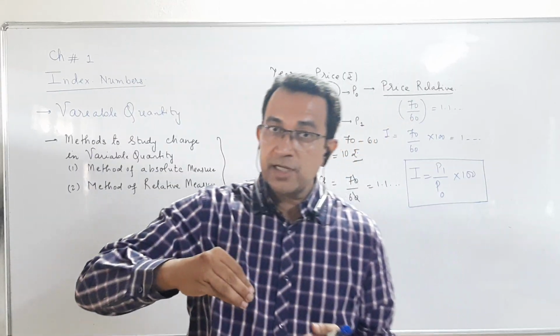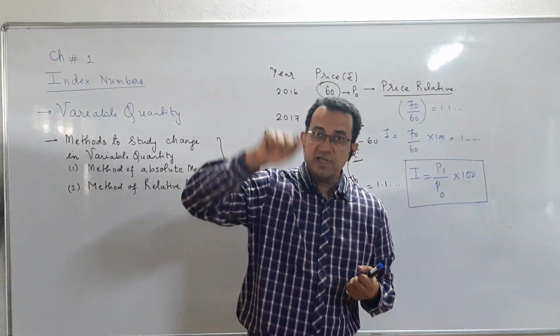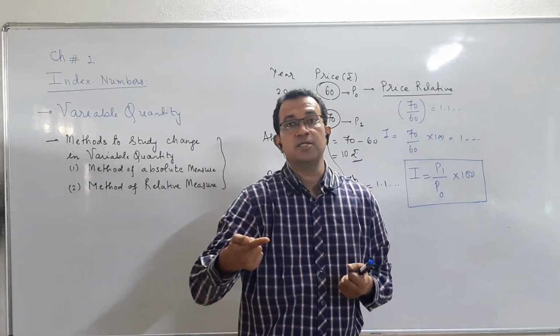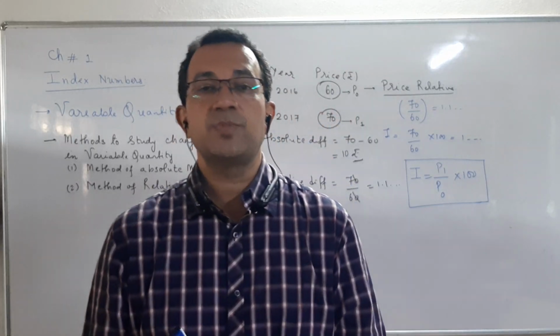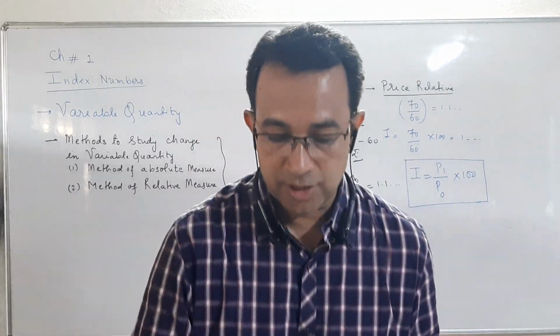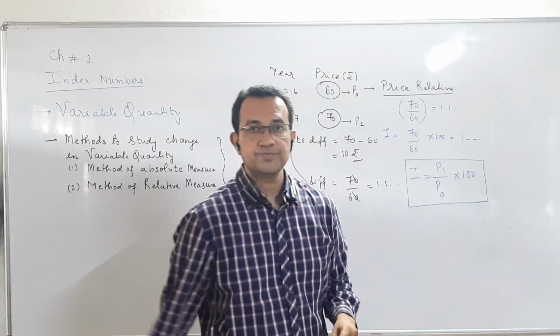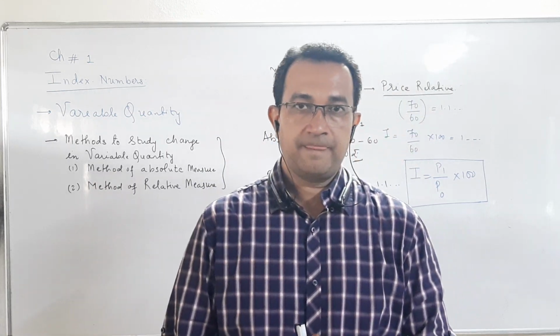So the given period is always written in the numerator. The fixed period with respect to which we are comparing is always written in the denominator. And whenever I multiply by 100, it gives us percentage relative change. So students, this is the definition of index number. Now students, characteristics of an index number.